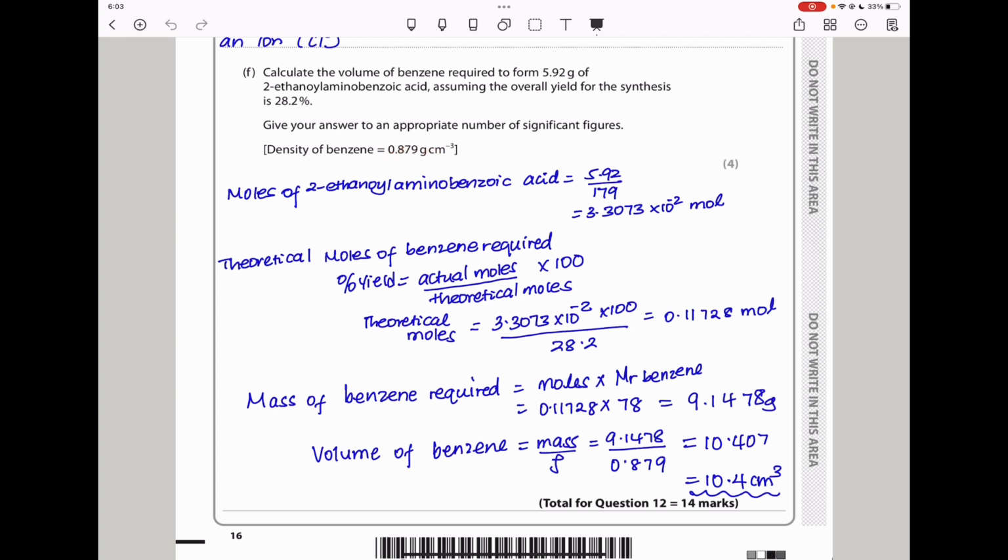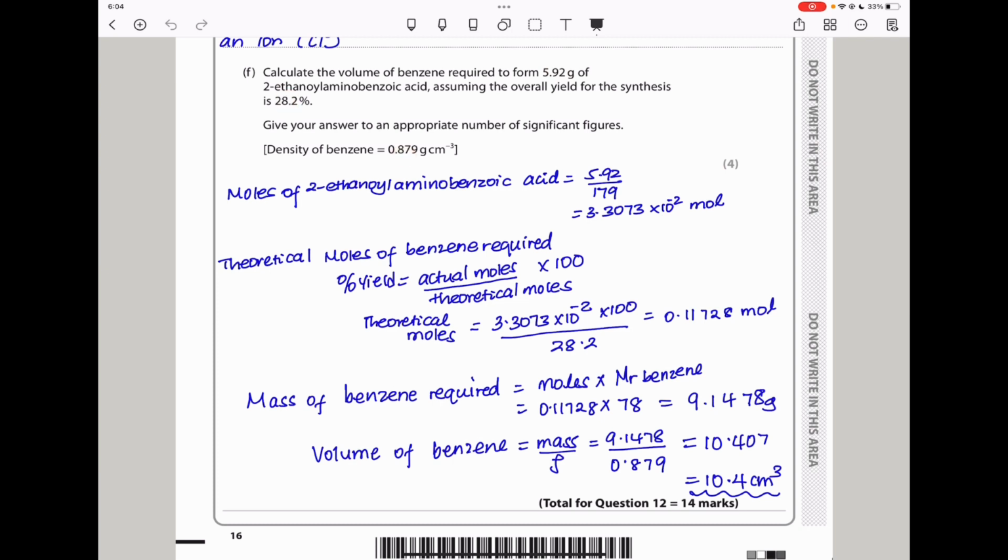Since I'm given the density and I have calculated the mass, I can find the volume, since volume is equal to mass divided by density. I get 10.407. Since my answer is supposed to be in appropriate significant figures, I have to look at the question and see how many significant figures they have been using.